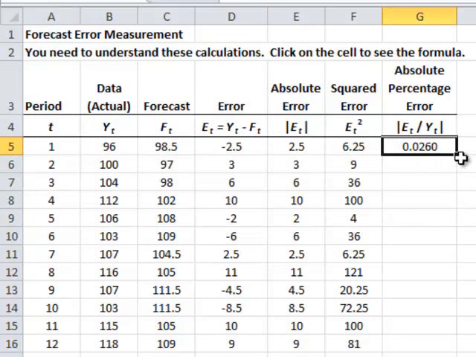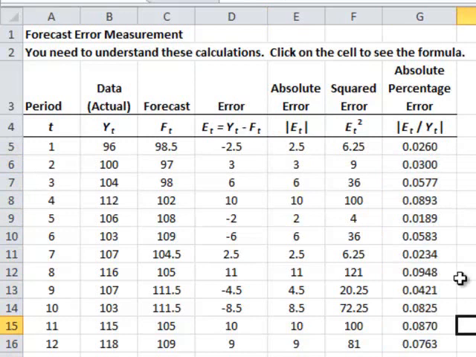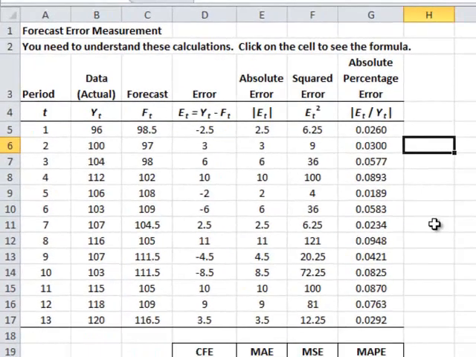The ratio is 0.0260. I will drag this formula down. So in this case, where my absolute error was 6 and the actual value was 104, I was off by about 5.77% of the value that happened. So I'm taking my errors and computing them relative to the magnitude of the variable I'm trying to forecast.